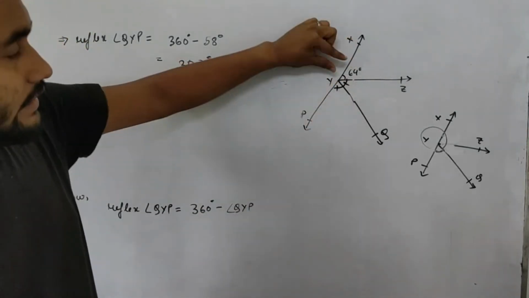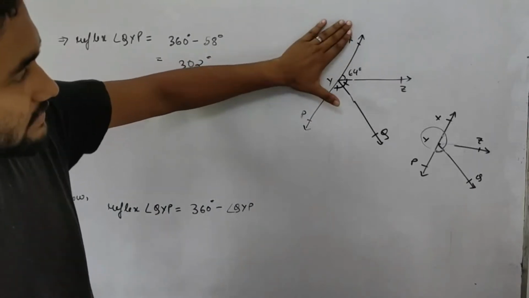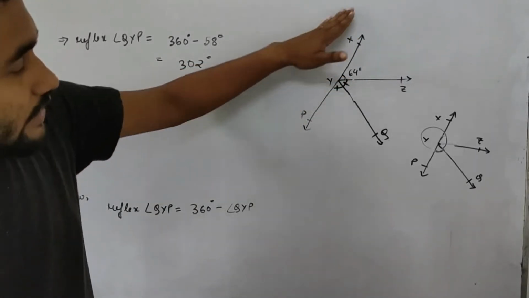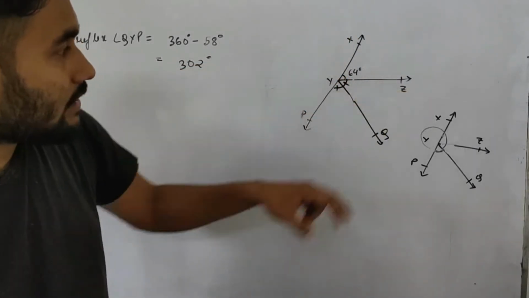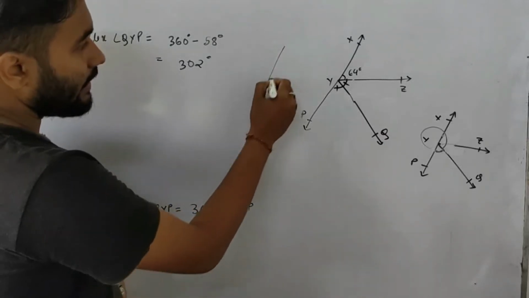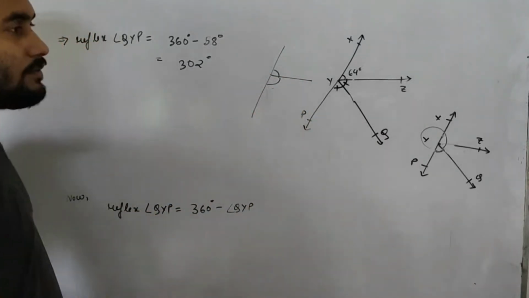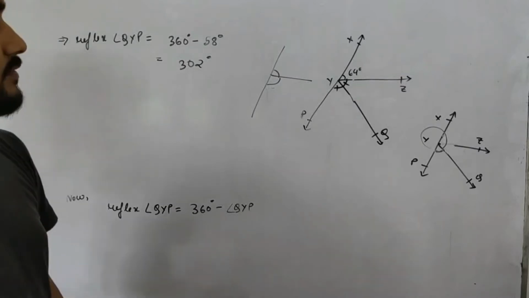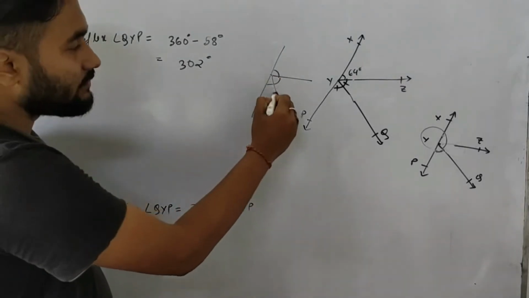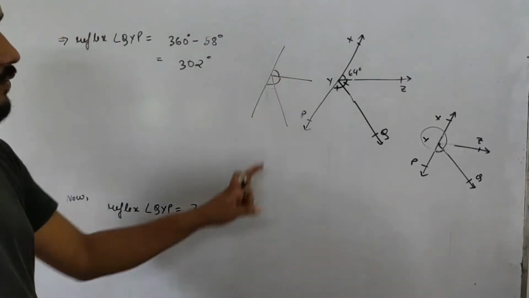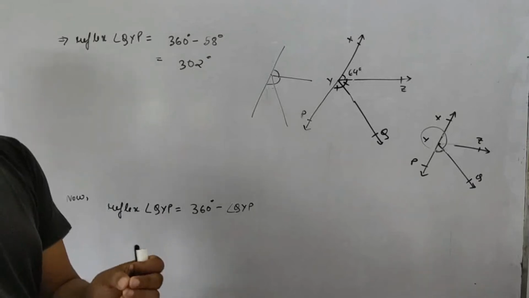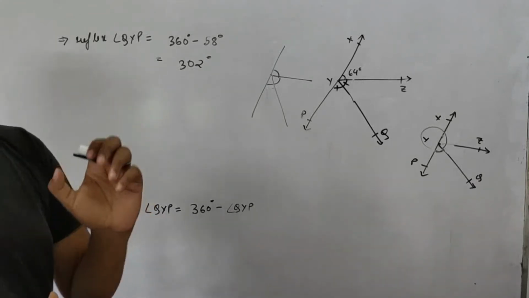Linear pair. This angle and this angle, this is a straight line. So angle XYZ and angle ZYP will be 180 degrees. Then again this angle is divided into two parts, equally divided into two parts.